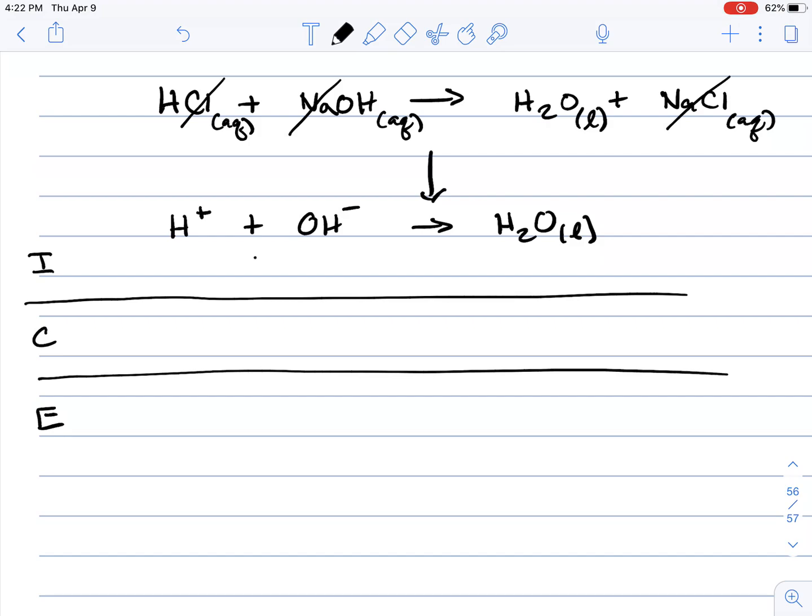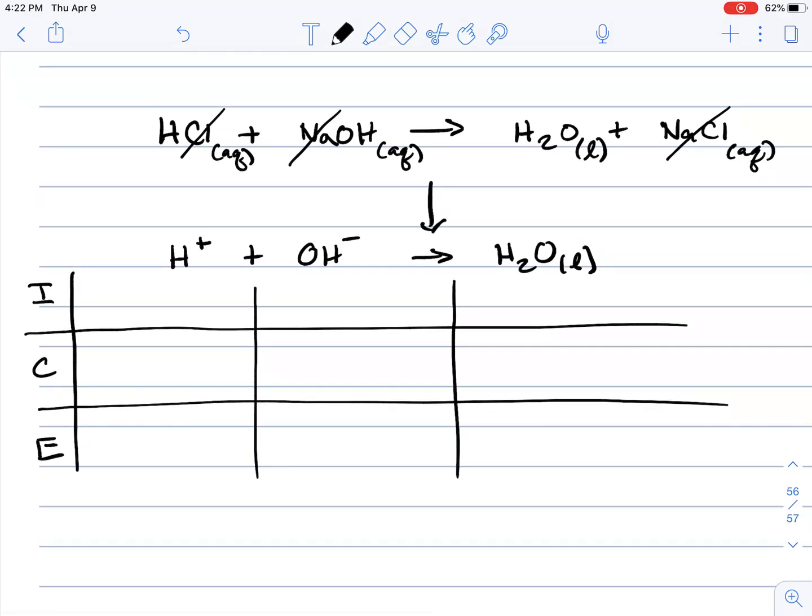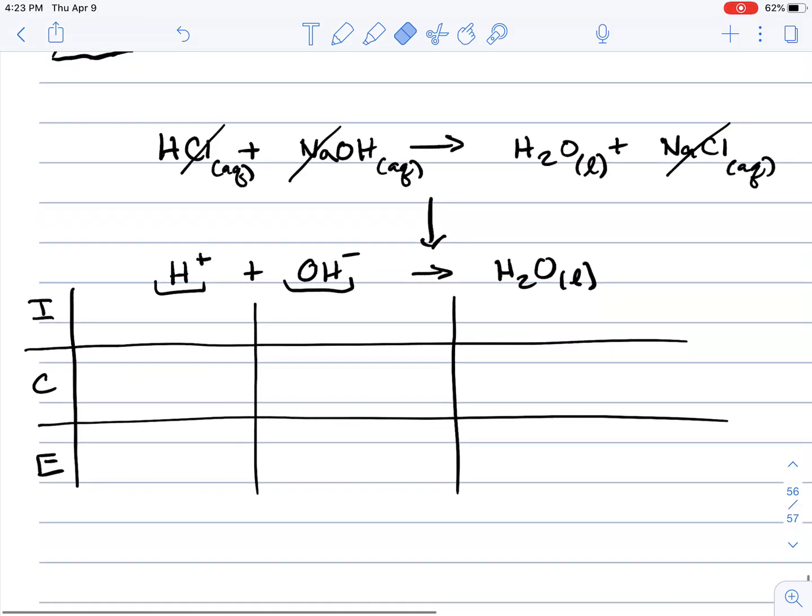And so we're going to summarize the course of this chemical reaction through the ICE table, where we're going to describe the initial amount of protons and hydroxides, determine the change, and then finally determine the equilibrium amounts after the reaction has finished or has reached equilibrium.